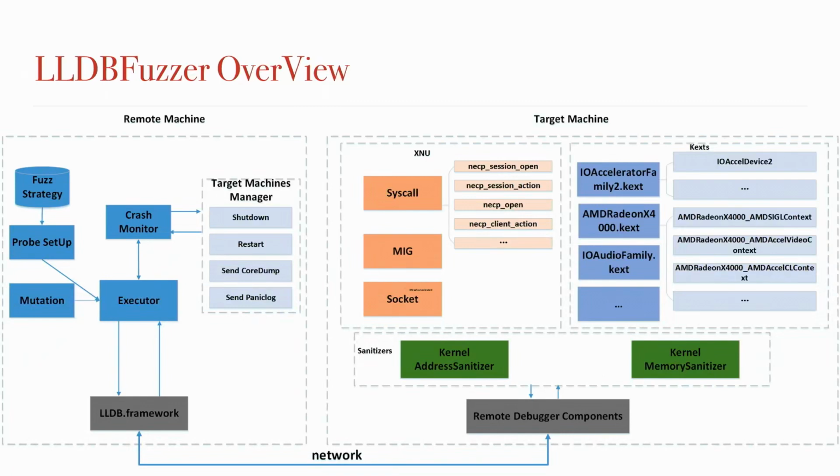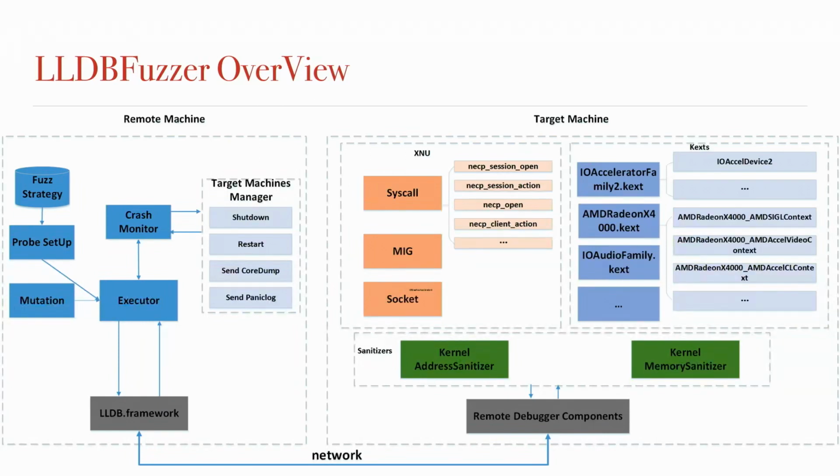The other module is the crash monitor. It will monitor the status of the target machine based on lldb commands. Typically, it will send the call dump and the panic log to the remote machine or the host machine for further reproduction. And we will also reboot the target machine based on lldb commands if we have collected the scenario.